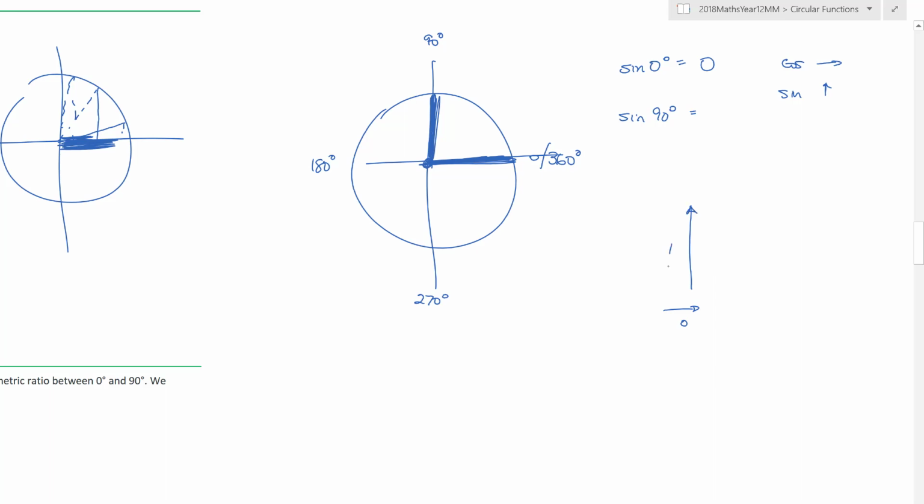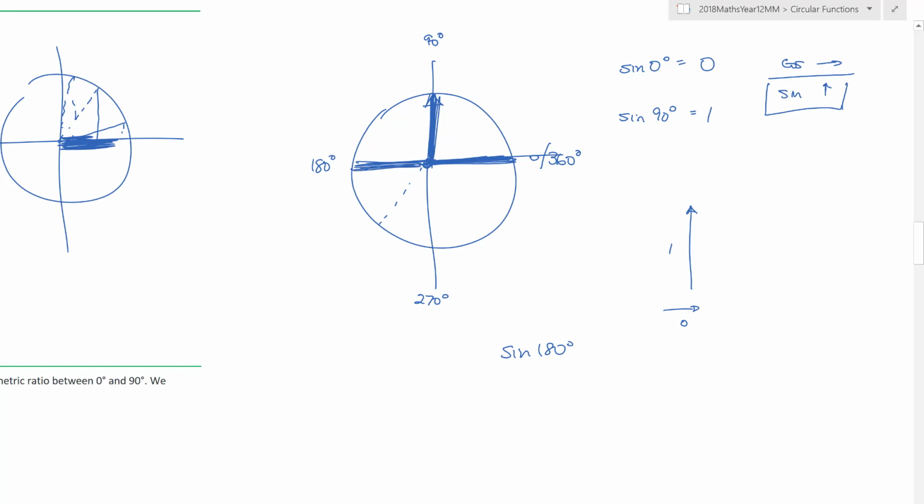And you're going to say, well, where'd you get the 1 from? Remember, this is the unit circle. So the distance all the way along is 1. So I now know if sine is a vertical distance and it's going 1 high, then a sine of 90 must be 1. What about the sine of 180 degrees?